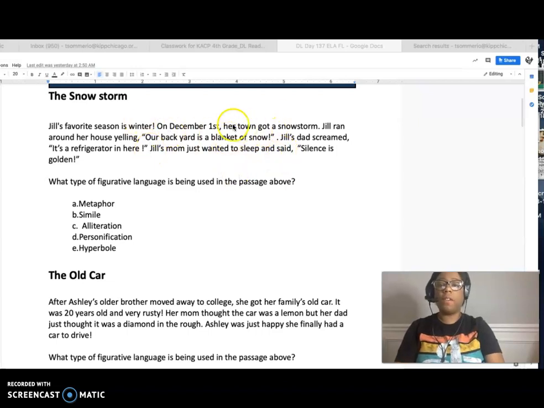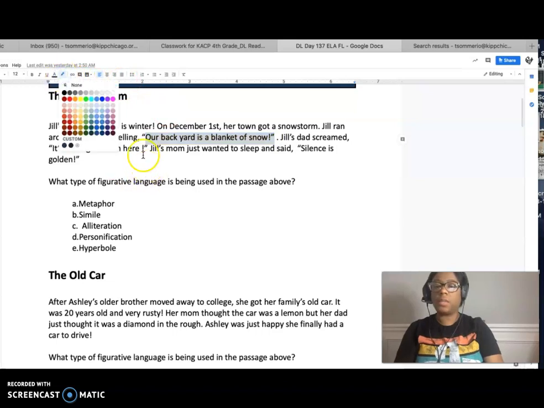So we have a few phrases within this passage that let us know that some kind of figurative language is being used. Now, the first one is, "Our backyard is a blanket of snow." Next, it says that Dad screamed, "It's a refrigerator in here." Let's highlight that.